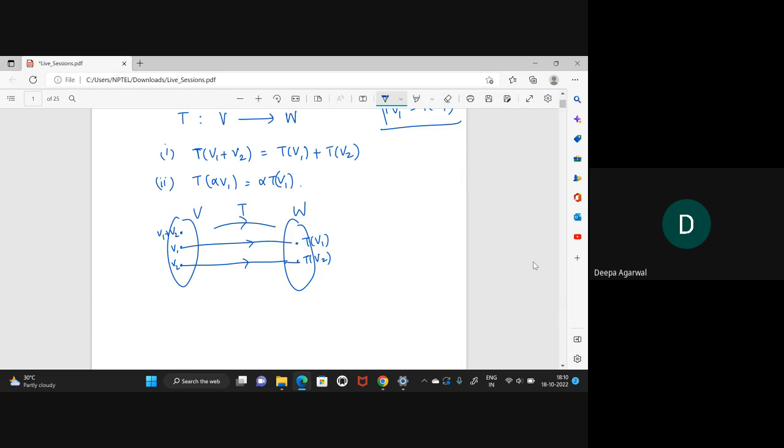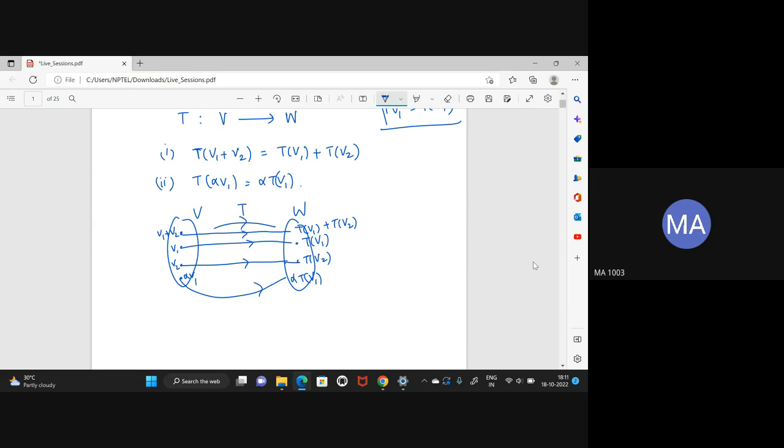Because it's a vector space, so it is closed under addition. So V1 plus V2 belongs to V. Where does this get mapped to? It gets mapped to T of V1 plus T of V2. Similarly, alpha times V1 gets mapped to alpha times T of V1. If these two conditions are satisfied, then it is a linear transformation.